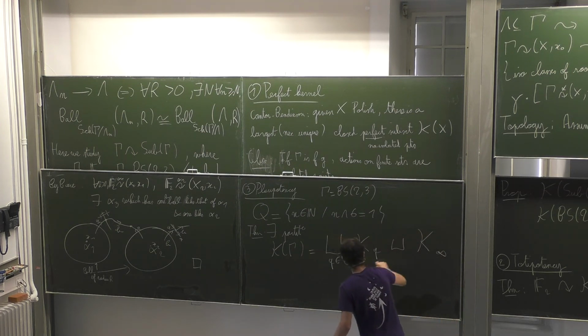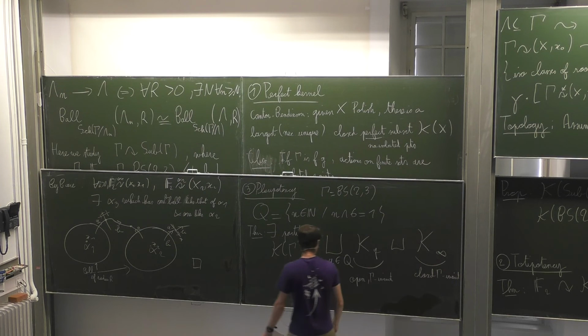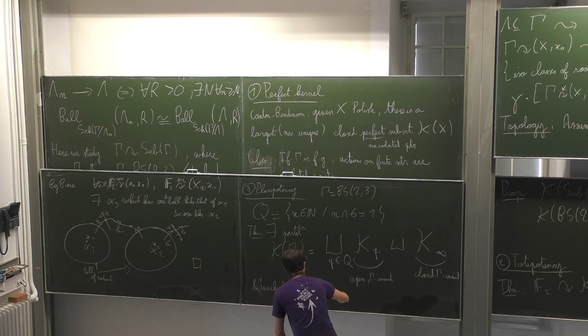And these pieces K_q are open gamma-invariant, and K infinity is closed gamma-invariant, always for this conjugacy action. And each K_q and K infinity contains a dense orbit.